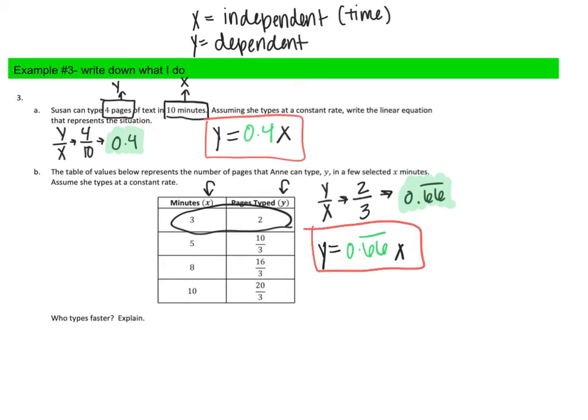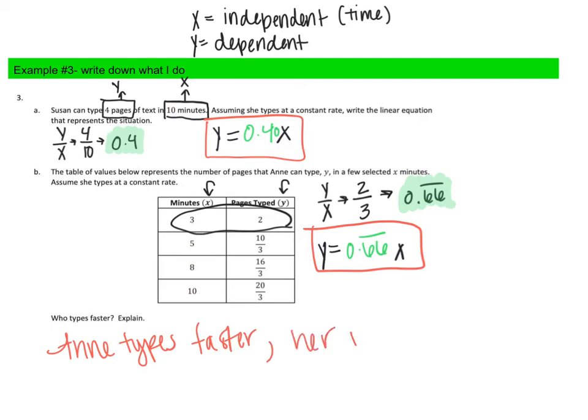Well, who has the bigger rate? 0.4 or 0.66? Well, remember, with decimals, they go on forever, so if I wanted to fill this in with a 0, I could. So 0.40, 0.66, which is bigger? 0.66. So who is faster? Anne types faster. And why?